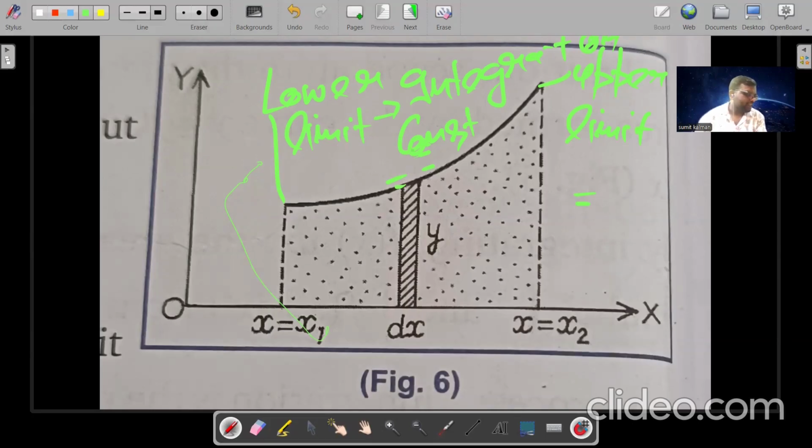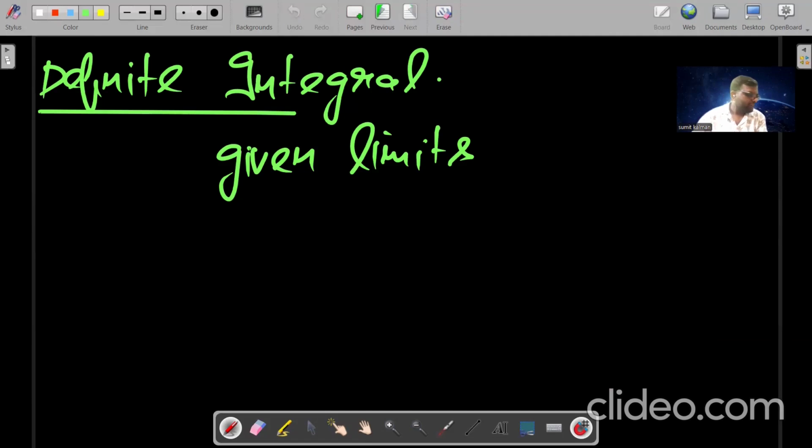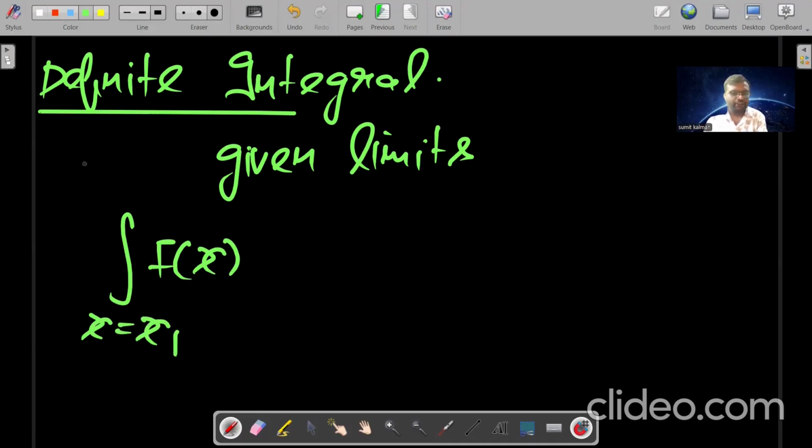Now students, if you have the function y is equal to fx, and we are integrating fx between the limit x is equal to x1, it is lower limit, and x is equal to x2, it is upper limit, and we are integrating it with respect to x.